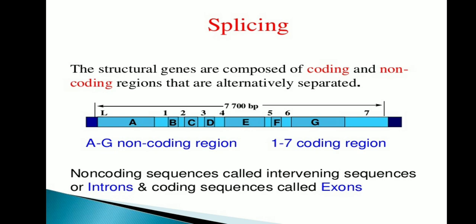Only exons are responsible for protein synthesis. Such structural genes are composed of coding and non-coding regions. These non-coding sequences are called intervening sequences or introns, and the coding sequences are exons, right? So the introns have to be removed.